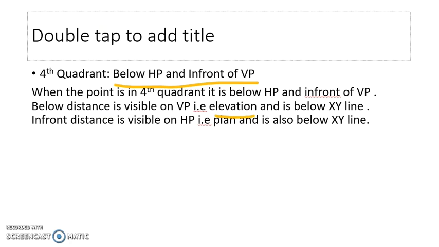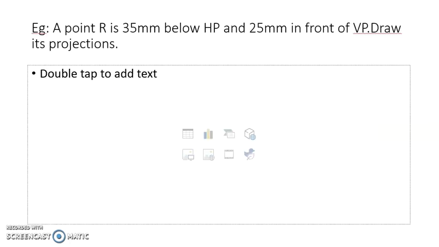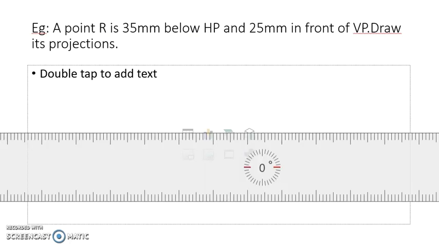In front distance is visible on HP, that is plan, and is also below XY line. So here both the views will be below XY line. As for example, a point R is 35 mm below HP and 25 mm in front of VP. Draw its projections.